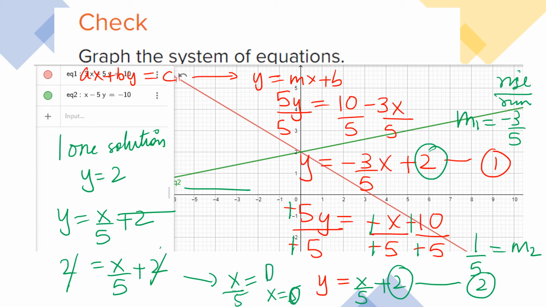So x is 0. So the point which is solution is (0, 2). This is the solution point. As you can see, both the lines are meeting at the same point.